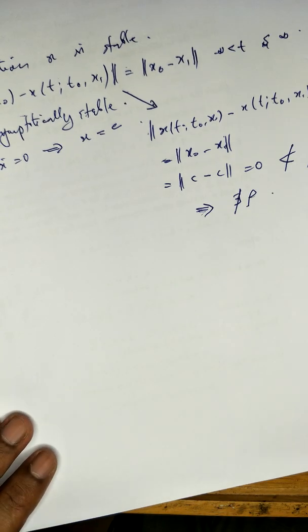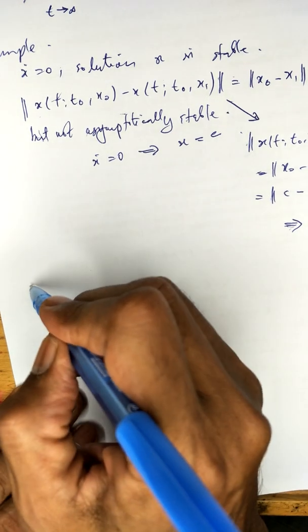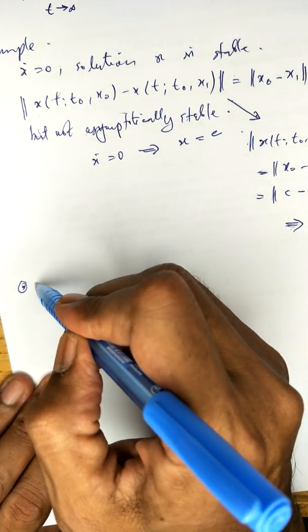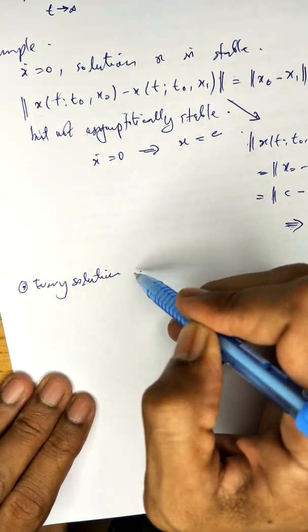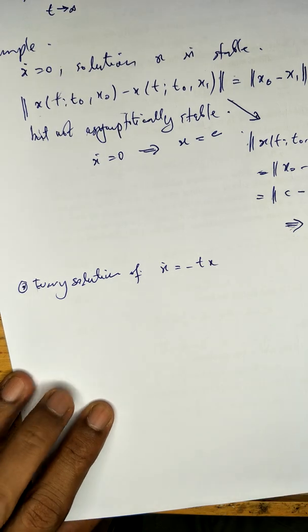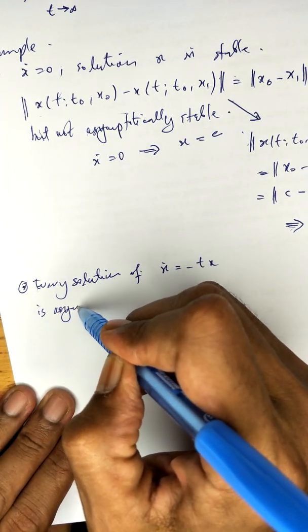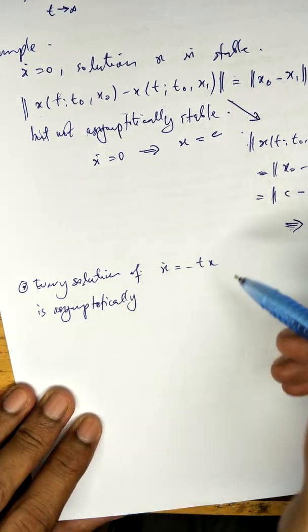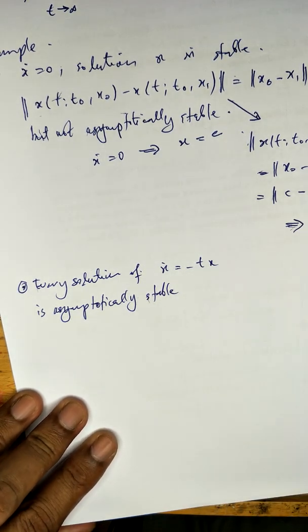Okay, another example. Every solution of x dot equal to minus t x is asymptotically stable. Why?